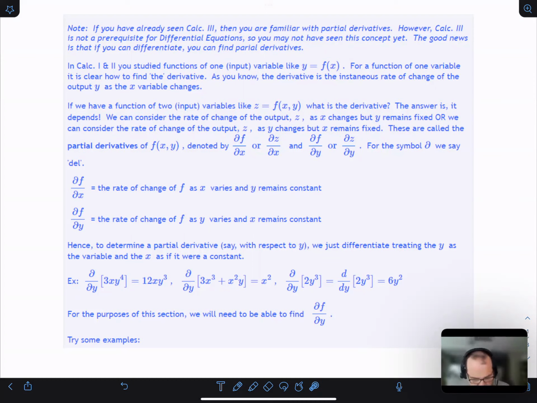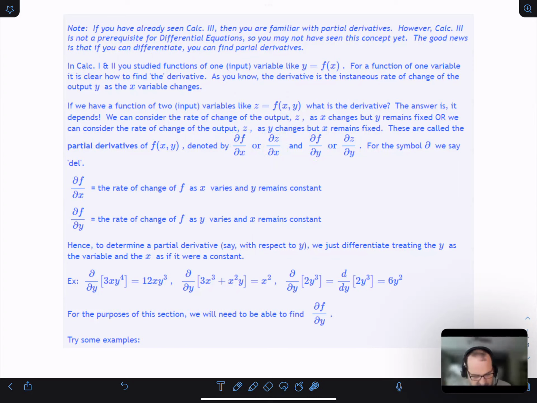So to denote partial derivatives, we write them this way. This is a symbol that looks a little bit like a Greek letter delta. We read this as del f del x. Instead of df dx, we say del f del x, del z del x, del f del y, and so on.